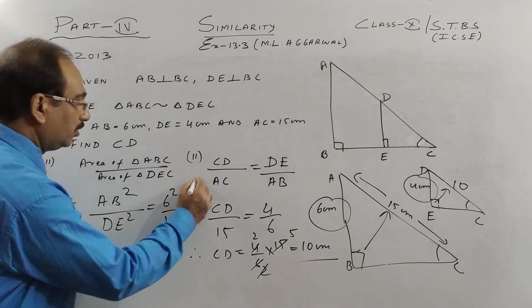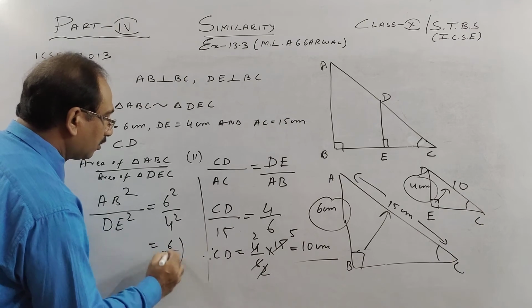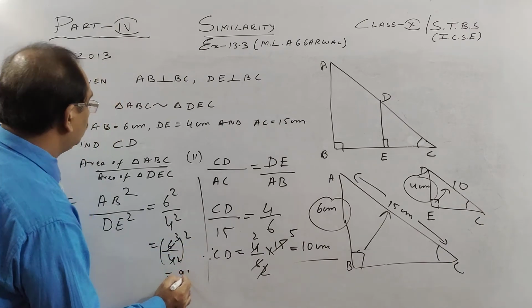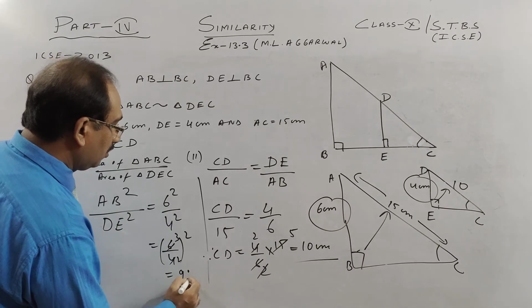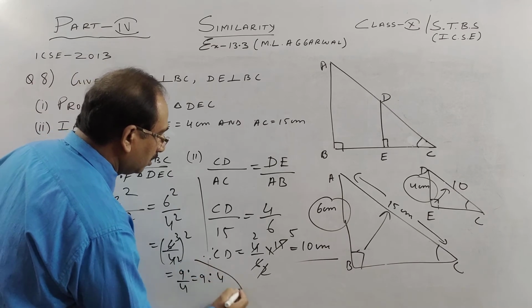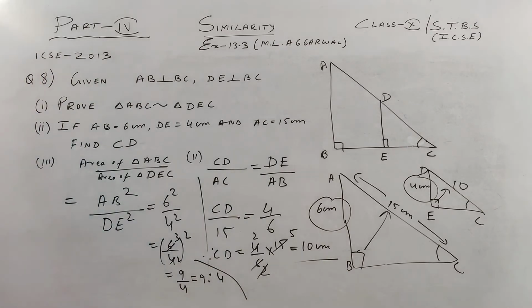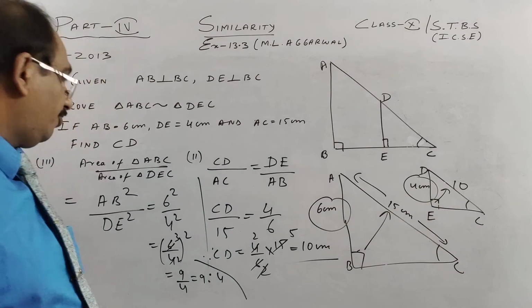So here what we do, I take out your square common. So this is 3 by 2. So this is 9 is to 4. 9 by 4, which is equal to 9 is to 4. Sometimes they ask in ratio, children. So area of this is to this is 9 is to 4.